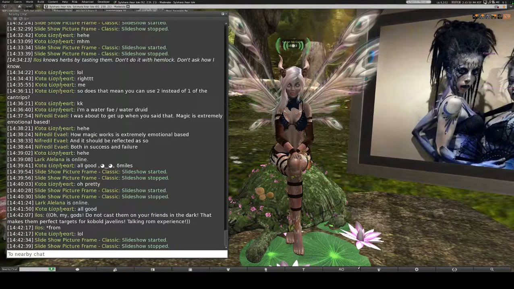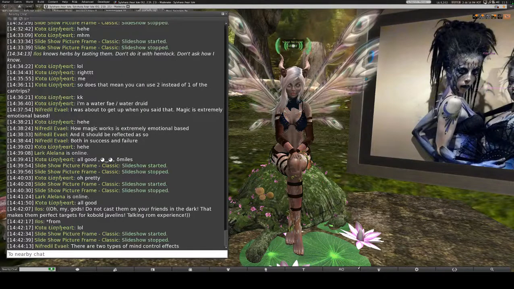Therefore, Nif most likely would not be able to be put under Fae Touch. Drow, I'm going to use Baal as another example, because Drow have mind control resistance. They would probably not fall under that effect.